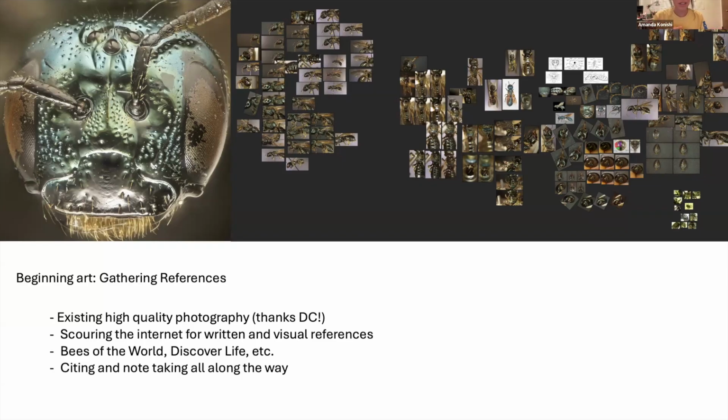It was a really helpful start to building this reference library. And then I'll go to scouring the internet, as so many of us do, for written and visual references for this species in particular, but also adjacent species for comparison. Some of those included, of course, Bees of the World, Discover Life, et cetera, among many others.